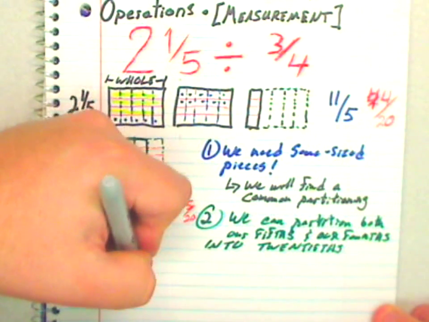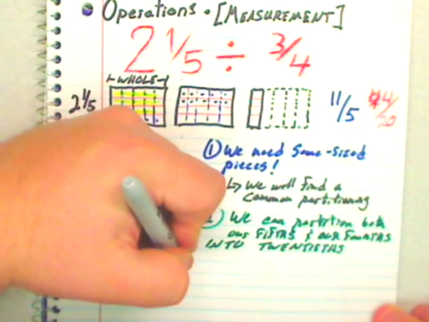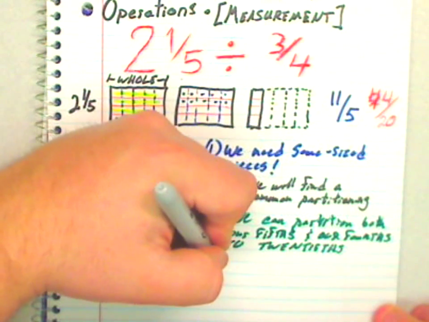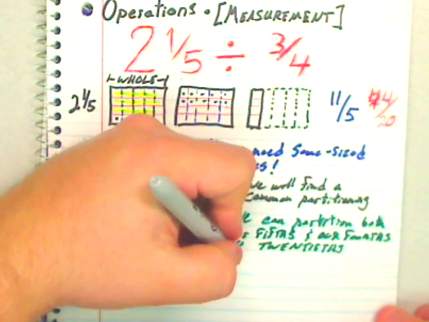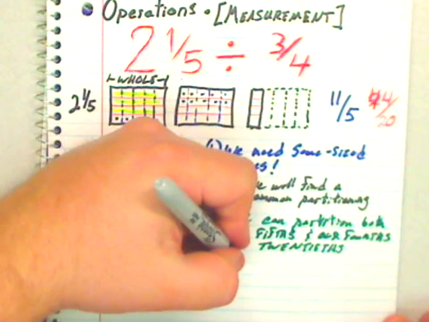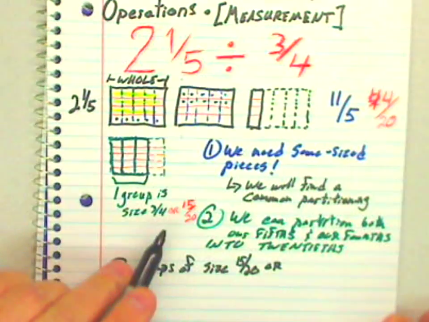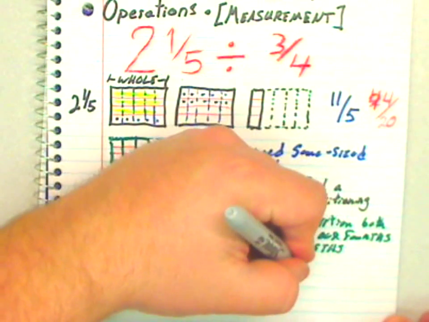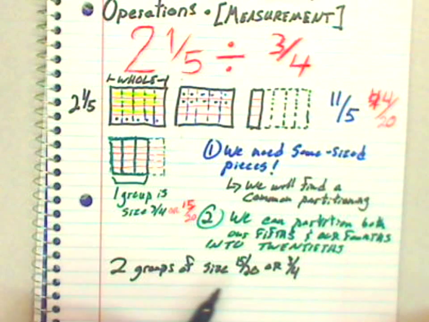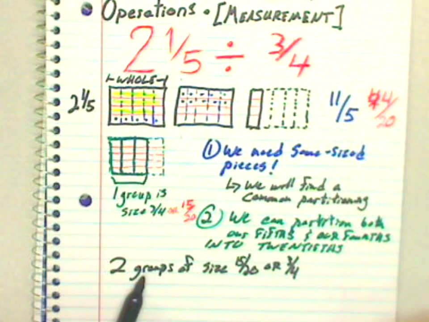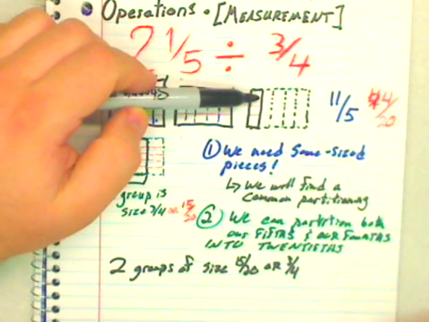Okay, so I end up with 2 groups of size 15 20ths, which we know is the same as 3/4. So it takes 15 of these pieces to make one of these groups. Okay, 15 pieces, but I don't have enough to make another group.